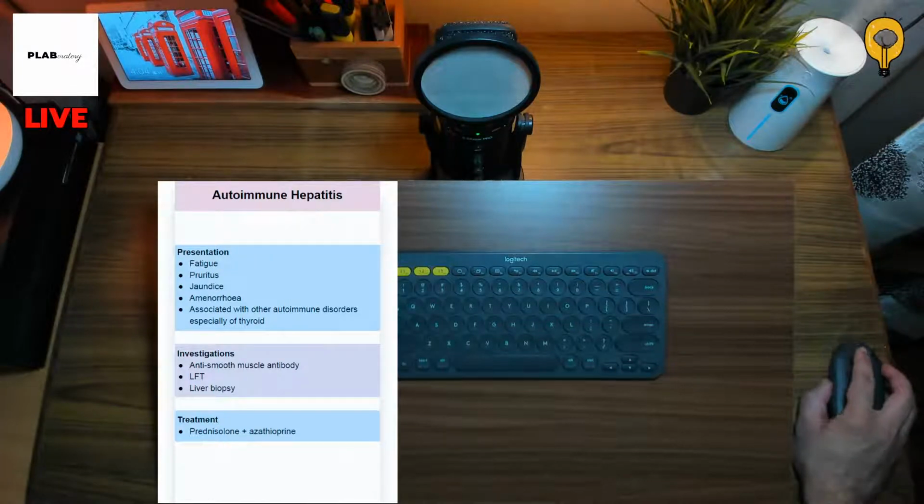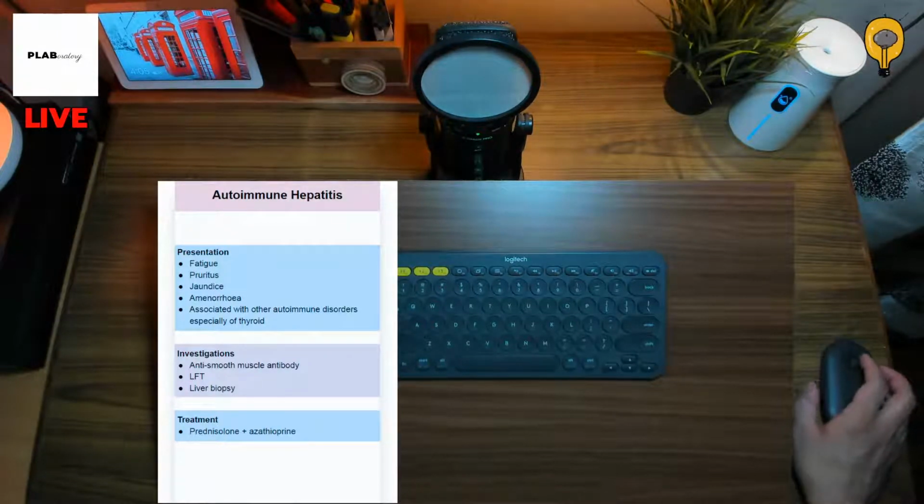Okay, so this was about hepatitis A, which was the likely diagnosis here, and this virus has an incubation period of 4 weeks.